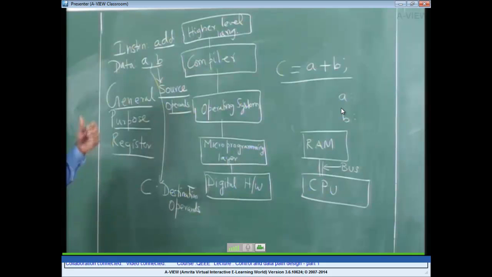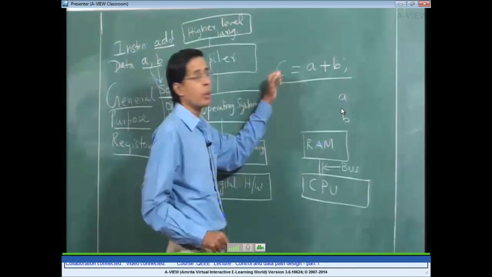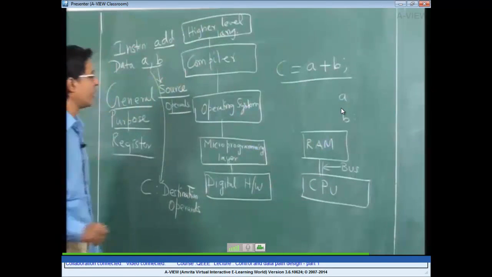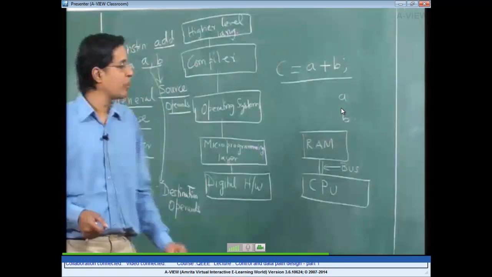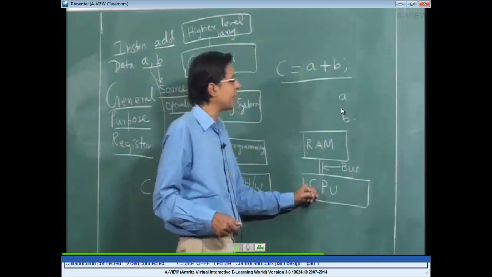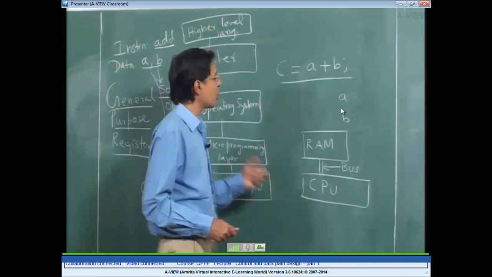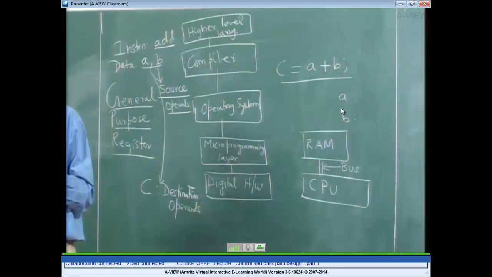Now they have to be fetched from the memory and executed by the CPU, and the result should be stored back into the memory. So from the memory they are fetched into the CPU, meaning they are stored in some temporary storage inside the CPU, and this temporary storage is what we call registers.